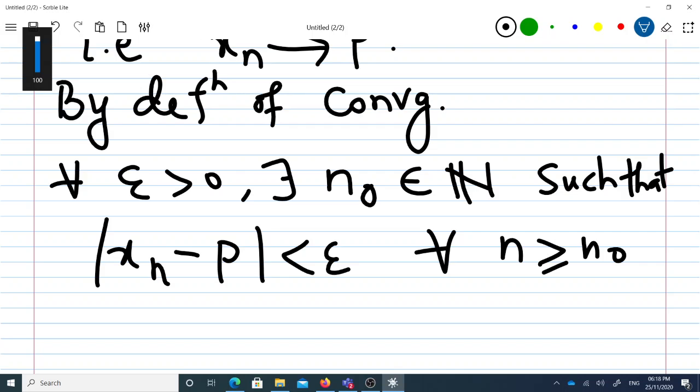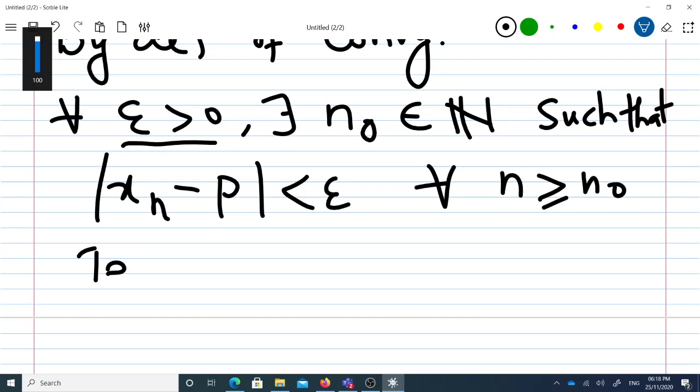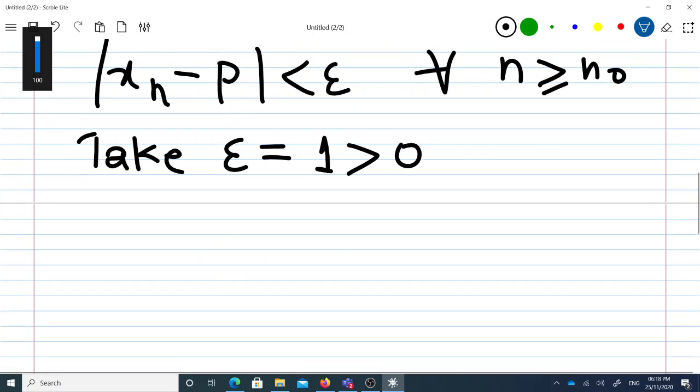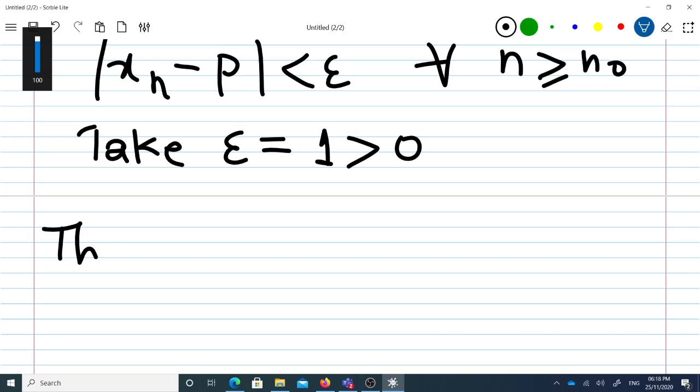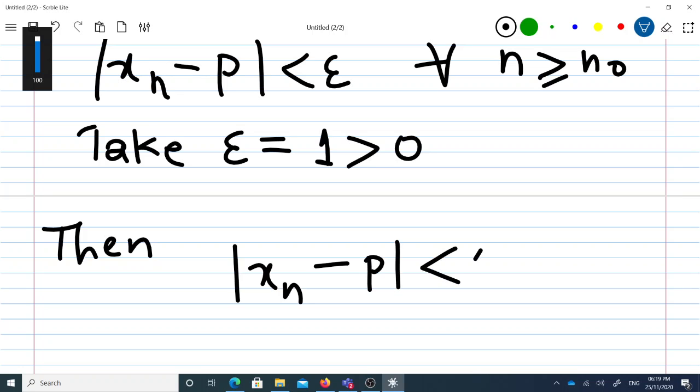When this is true for any positive real number epsilon, take epsilon in particular as 1, which is greater than 0. Then the above result will follow: mod xn minus p will be less than 1 for all n greater than or equal to n naught. Let me call this number 1.